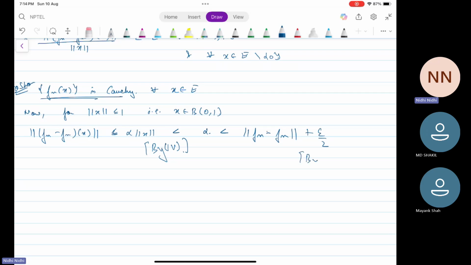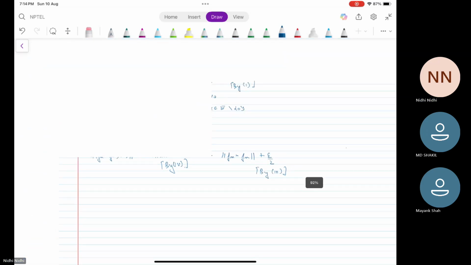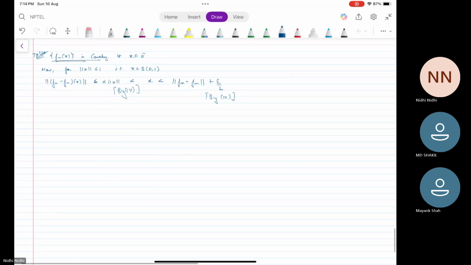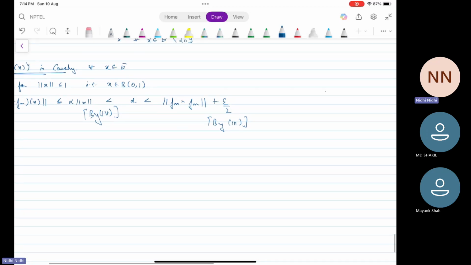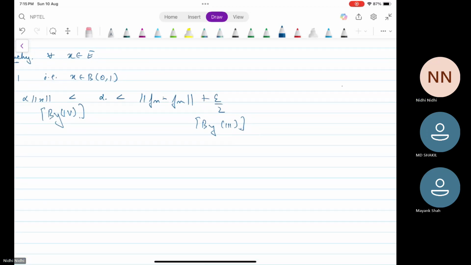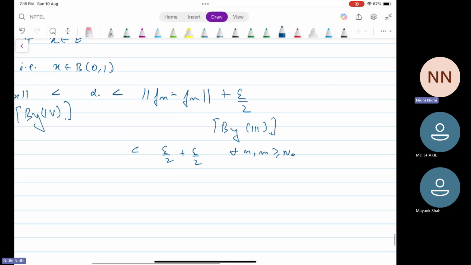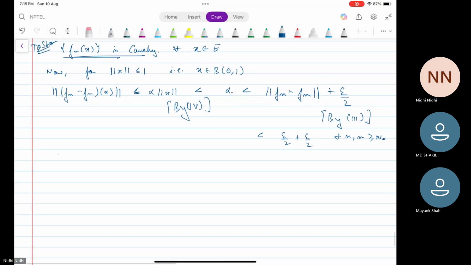And this is coming by equation number 12. This is strictly less than epsilon by 2 plus epsilon by 2 for all n and m greater than or equal to n naught. This gives us norm Fn x minus Fm x less than epsilon for all n, m greater than or equal to n naught.